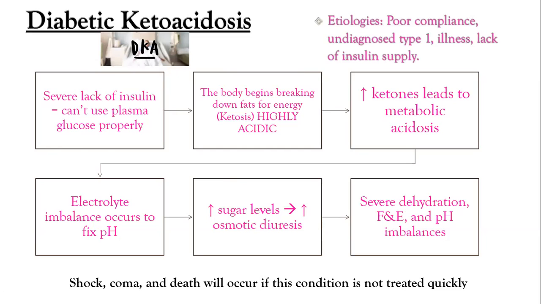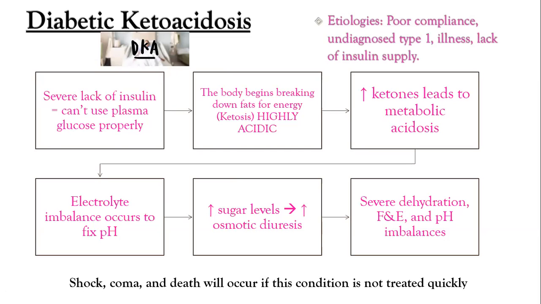Ketones are very, very acidic, and so it will lead to metabolic acidosis. You guys should already have had ABGs done before. So they will go into metabolic acidosis, and to try to fix the metabolic acidosis, your electrolytes or your buffer systems will kick in. This causes electrolyte imbalances. And during this, think of you're having hyperglycemia.